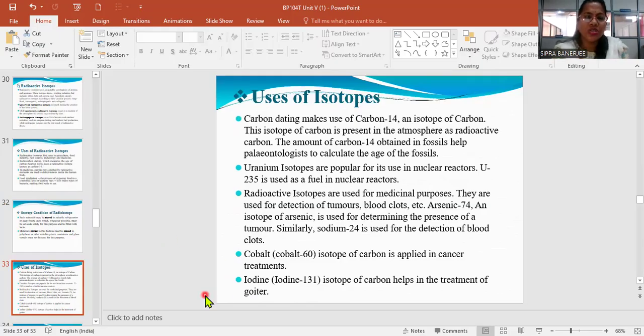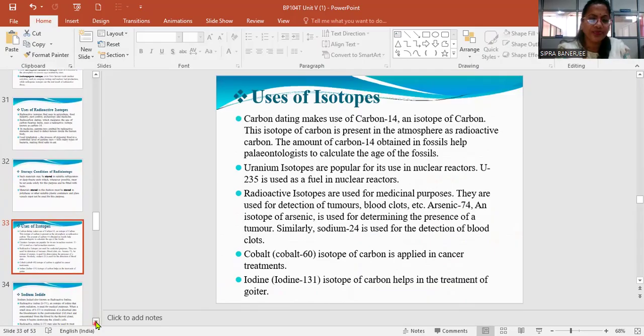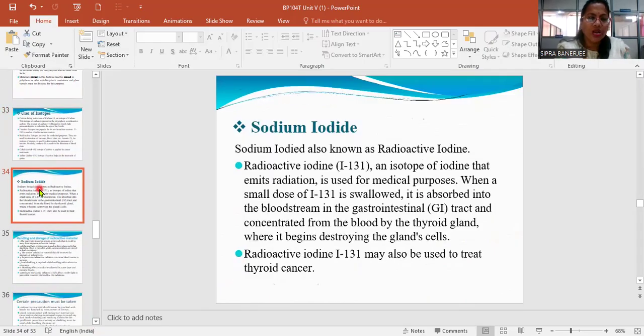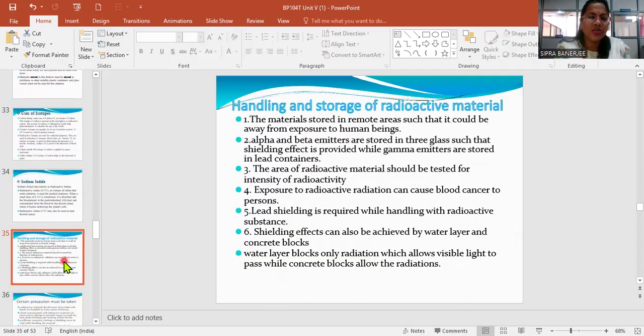So there are different uses. Carbon dating; uranium isotope used for the nuclear reactor; radioactive isotopes used for medicinal purposes, like arsenic for blood clot and tumor detection; cobalt for cancer treatment; iodine for goiter and thyroid gland. So these are sodium iodide, these are the different radioactive materials described.